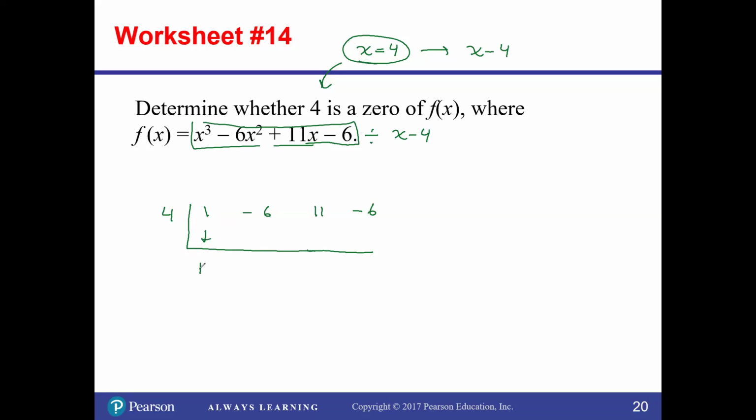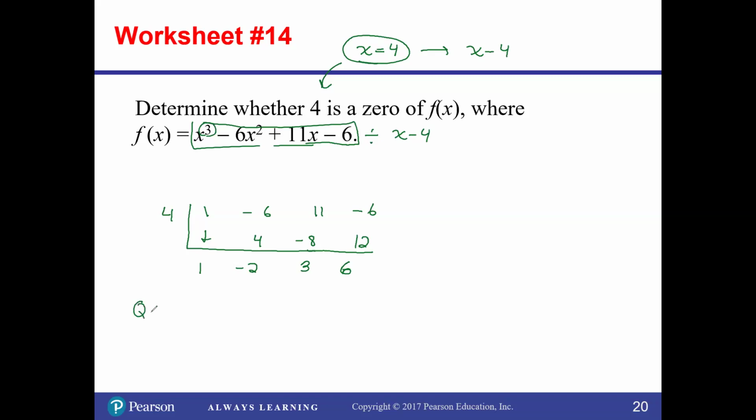So I drop the 1. 1 times 4 is 4. 4 plus negative 6 is negative 2. Negative 2 times 4 is negative 8. Negative 8 plus 11, sorry, is going to be 3. Writing that again, 3 times 4 is going to be 12. 12 and negative 6 is going to just be 6. So we started out with degree 3.